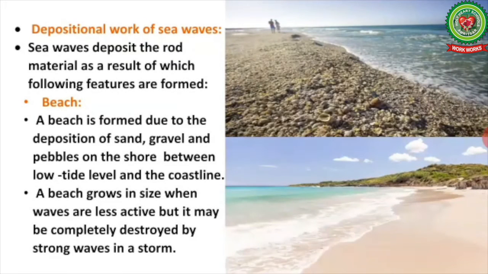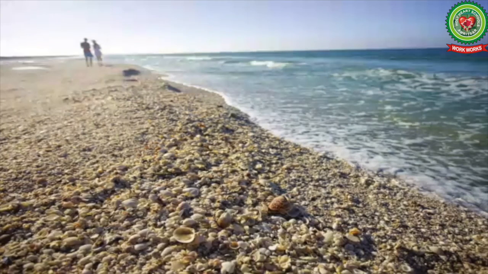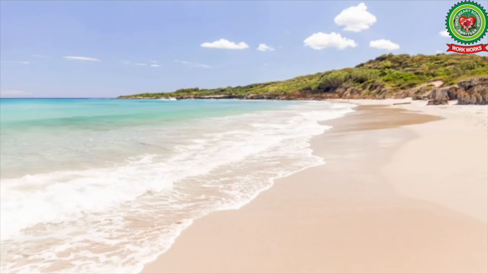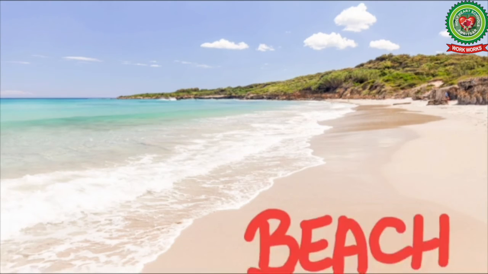Next we have depositional work of the sea waves. Sea waves deposit the load material, as a result of which the following features are formed. The first feature formed by the depositional work of sea waves is beach.